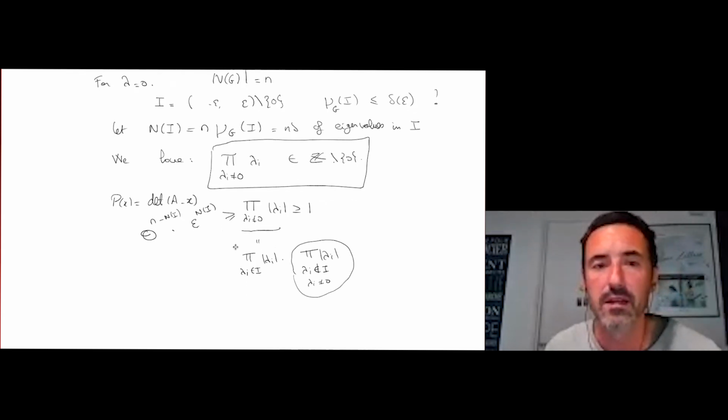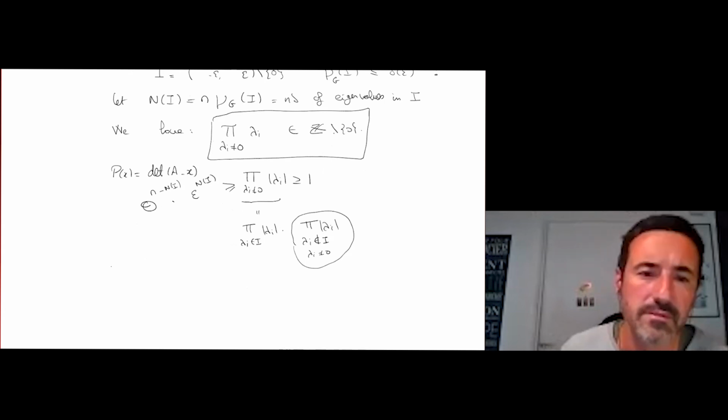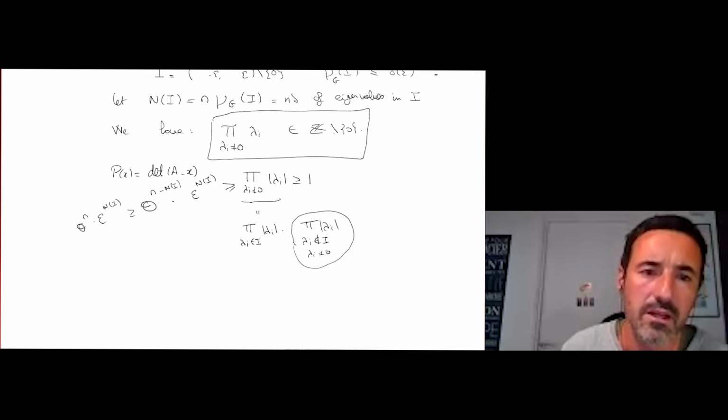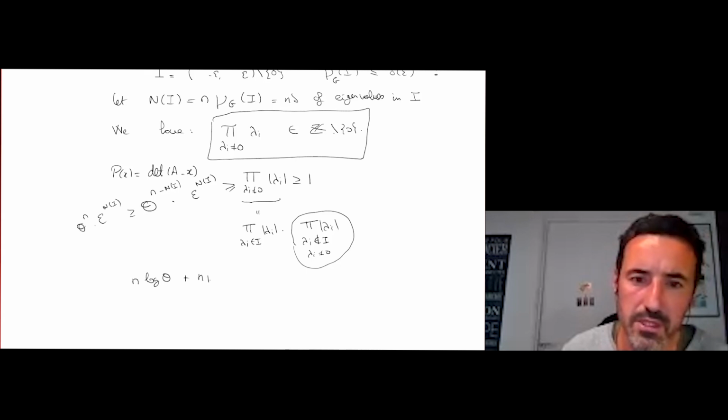So you get that. Now you take the logarithm, and so this is even less than theta power n times epsilon power n_I. Okay. And so I take the logarithm and I obtain that n log of theta plus n_I, which is n times nu of I of G, log of epsilon is positive.